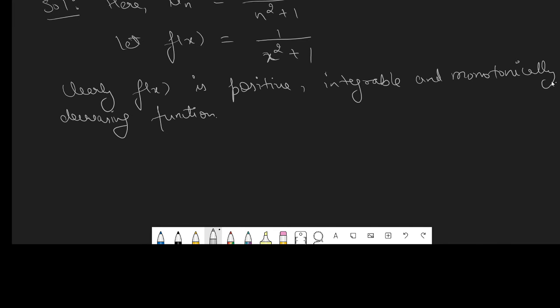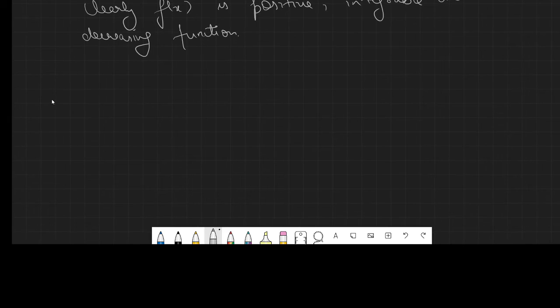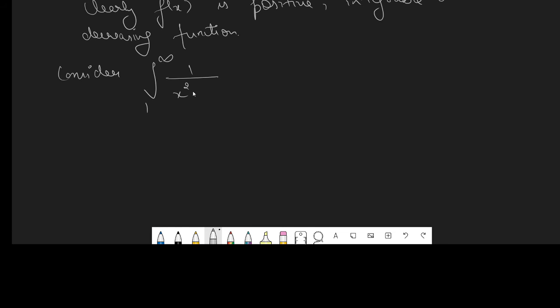Okay, so it will be a monotonically decreasing function. So if we consider the integral from 1 to infinity of 1 by x square plus 1 dx, the integral of this is tan inverse x from 1 to infinity, which is tan inverse infinity minus tan inverse 1.